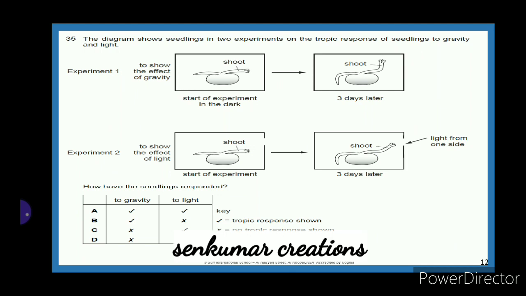The diagram shows seedlings in 2 experiments on the topic of response of seedlings to gravity and light. Experiment 1, to show the effect of gravity: a shoot is given at the start of the experiment in the dark, and a shoot is there 3 days later. And experiment 2, to show the effect of light: a shoot at the start of the experiment, and a shoot 3 days later with light from one side.